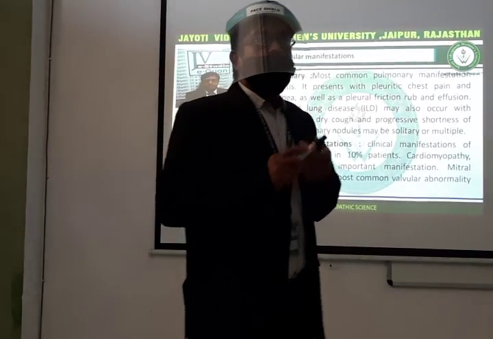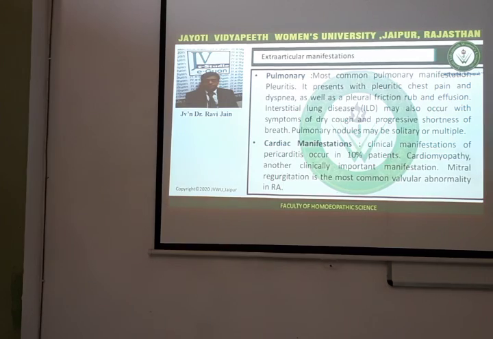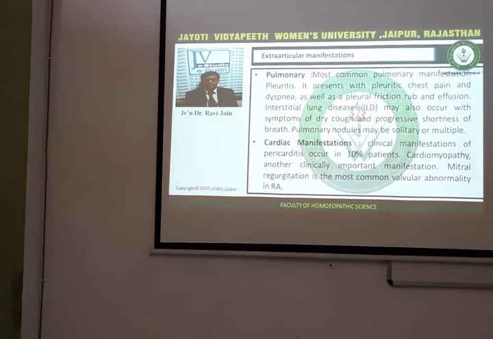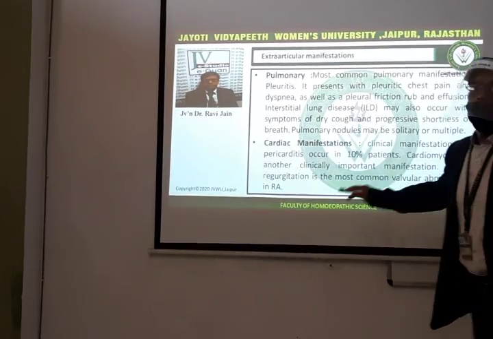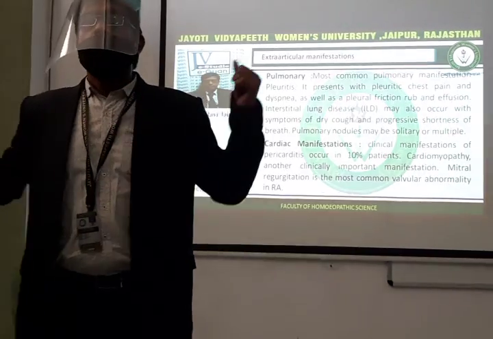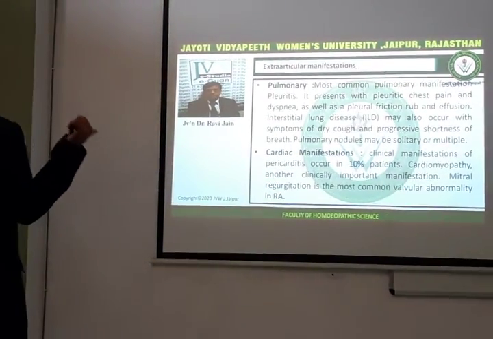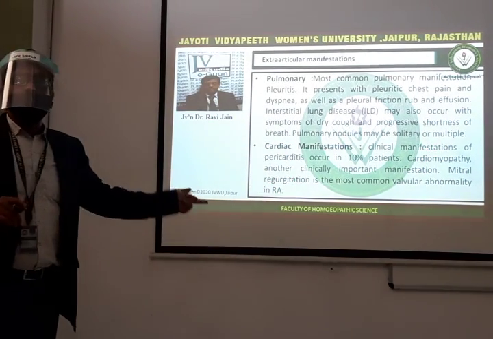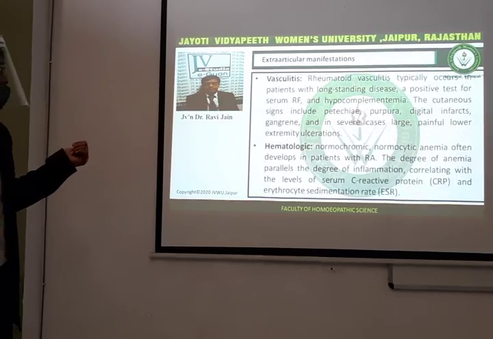In patients of RA, cardiac abnormalities are very common, and especially mitral regurgitation is very commonly seen. So this you have to keep in mind. Whenever a patient of rheumatoid arthritis comes to you, you will many times find cardiovascular changes, and especially mitral regurgitation in such cases. Long-term cases can affect the cardiovascular system.